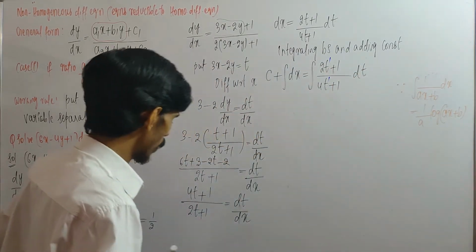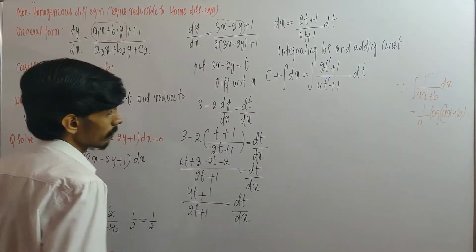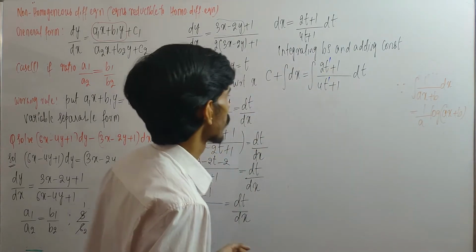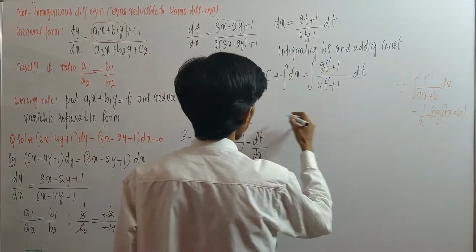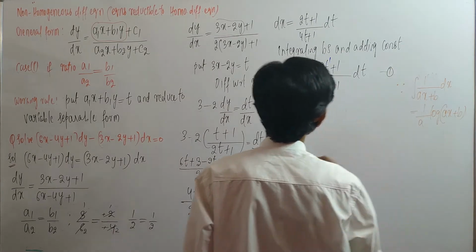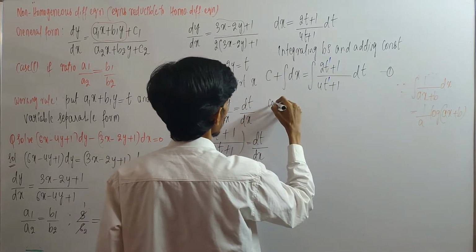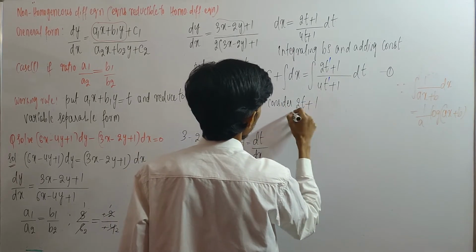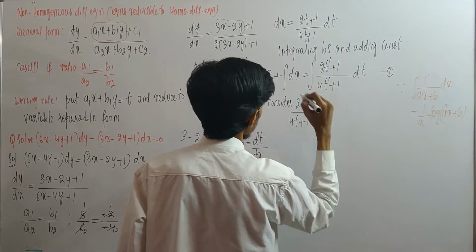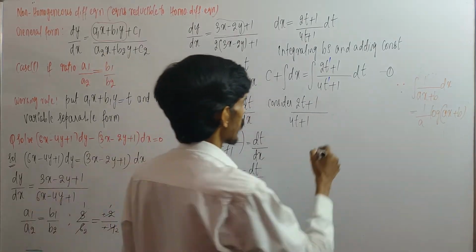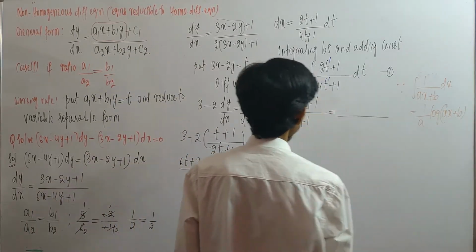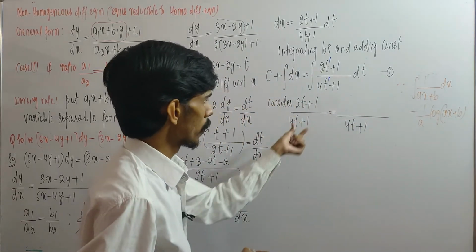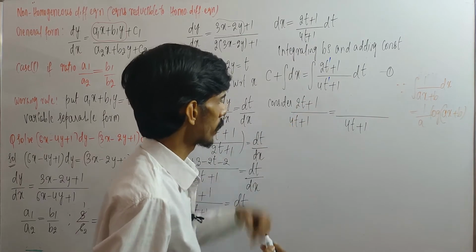Whenever both numerator and denominator have same power, then we express numerator similar to that of denominator. Let us see how. Consider this first. Take this as equation 1. Consider (2t plus 1) by (4t plus 1) equal to, numerator will be same as 4t plus 1. We want numerator to be same as that of denominator.